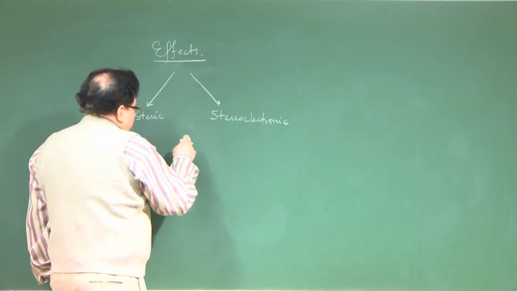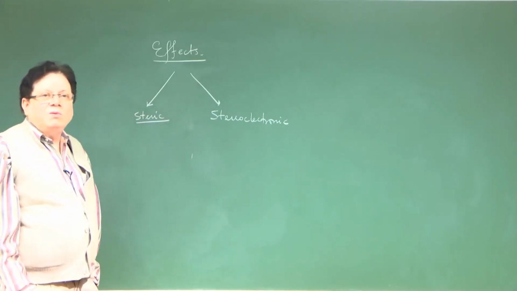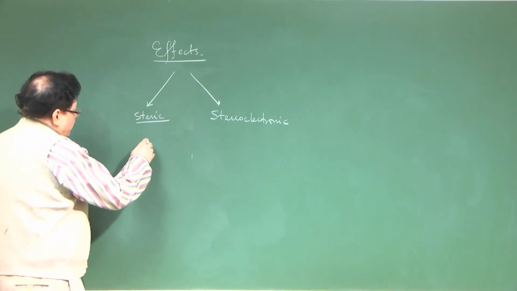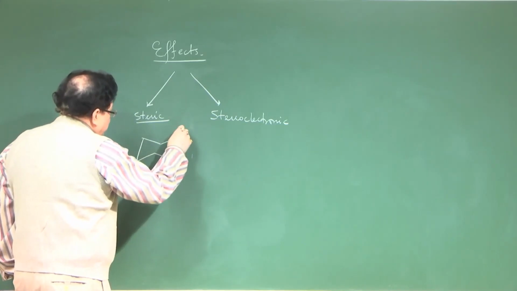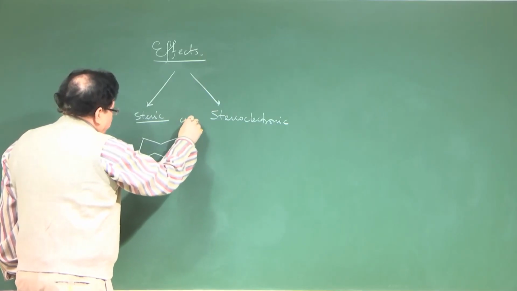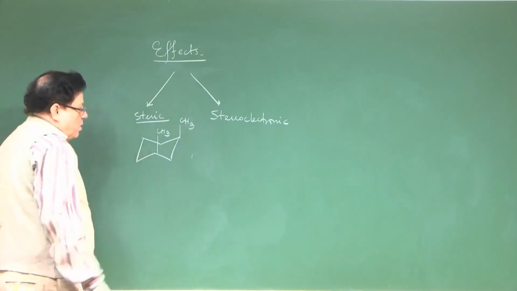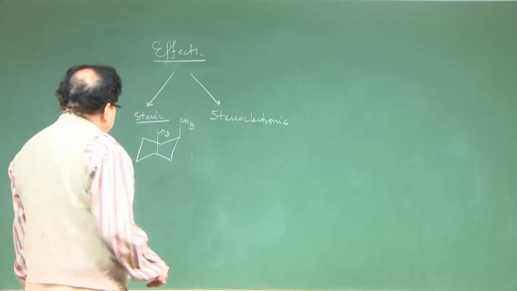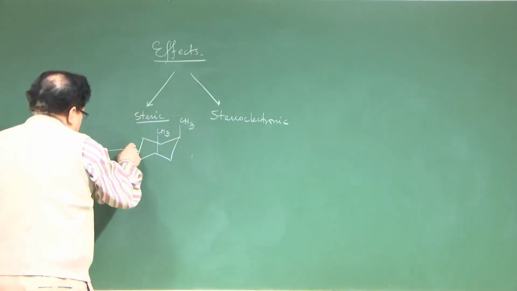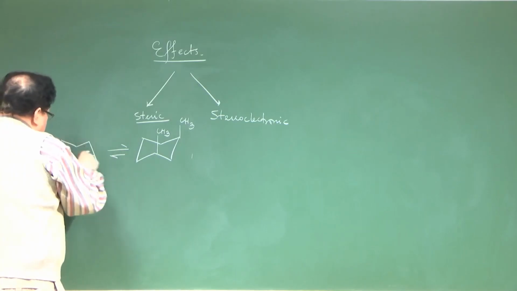Now, steric effect controlling the conformation of a molecule we are extremely aware of. Like if I ask you what is the preferred conformation of cis-1,3-dimethyl cyclohexane, then you know that one conformation is possible, but the other conformation is more stable.